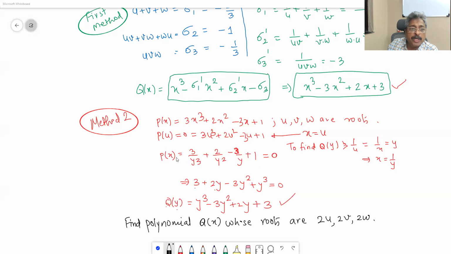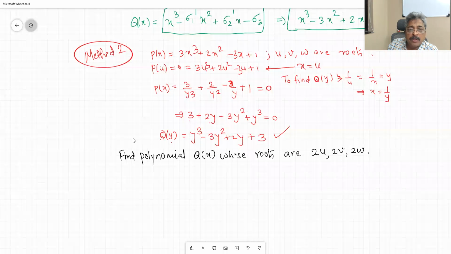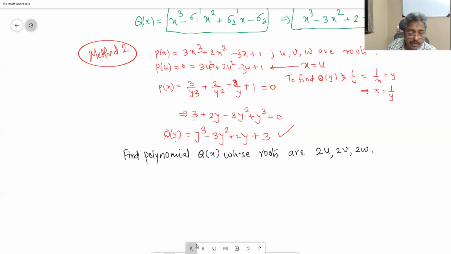Problem quickly. Now what is required to be done? Let us solve this problem by the second method. The first method is also going to be easy, the second is still easy. x is equal to u, so 2x is equal to 2u, which is equal to y.